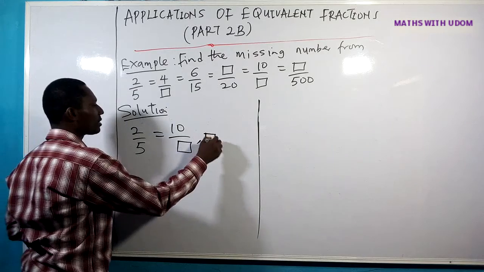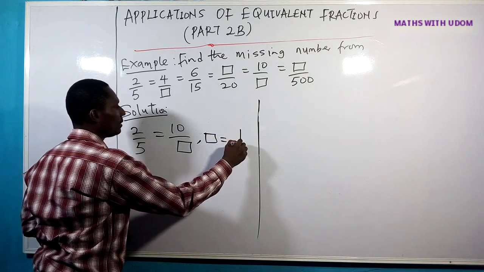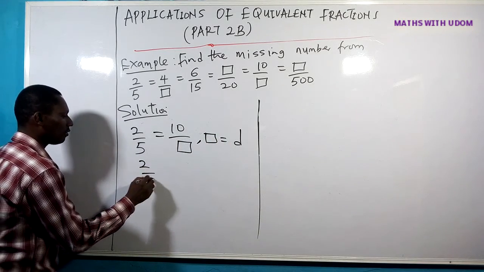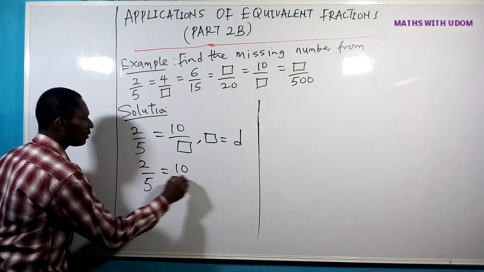So let the box represent D, alphabet D. So I will have 2 divided by 5 equals 10 over D.